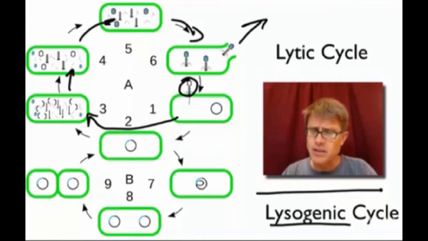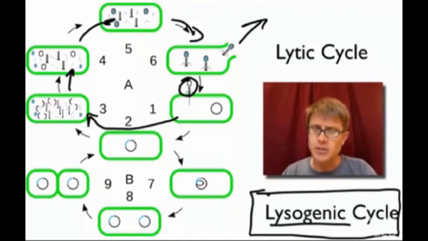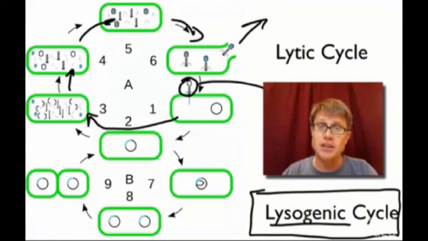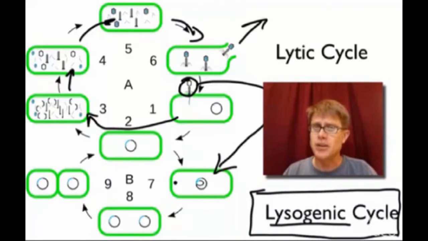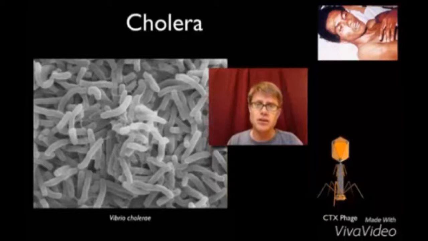But the other thing that's interesting about the lysogenic cycle is that when bacteriophages, and bacteriophages, remember, are viruses that infect bacteria, enter into the lysogenic cycle, they can actually change the virulence of the bacteria. Look, you know the sickness cholera? Long time ago, they knew that cholera was a dangerous bacteria.